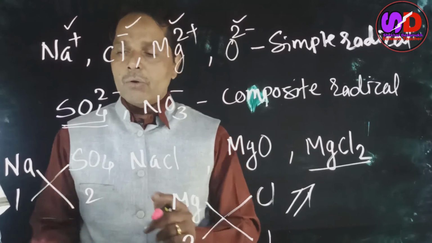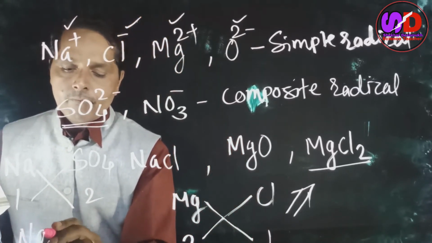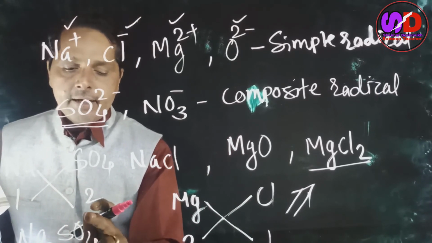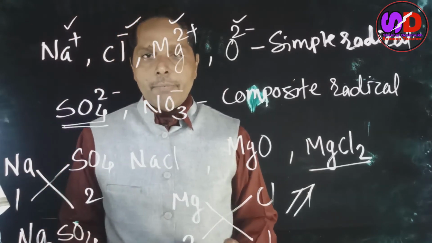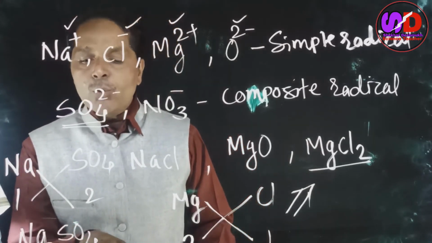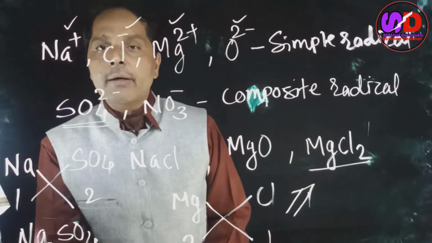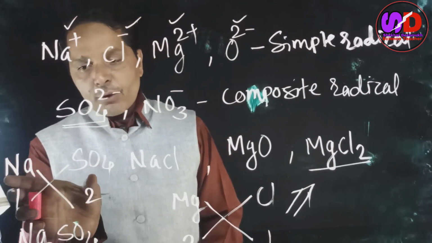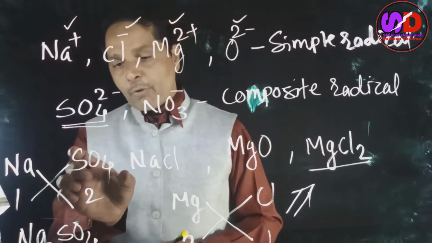Cross multiply: Na2SO4. If 1 is there, it need not be written, but if 2 is there, Na2SO4. So this is the molecular formula of this compound. We can easily find it if we know the valencies of both the atoms or groups of atoms.